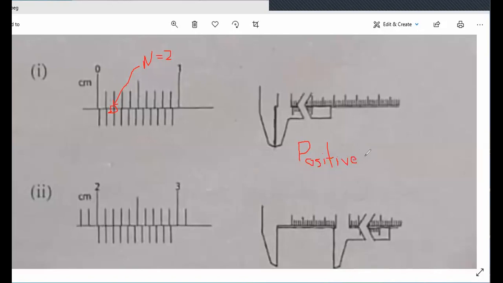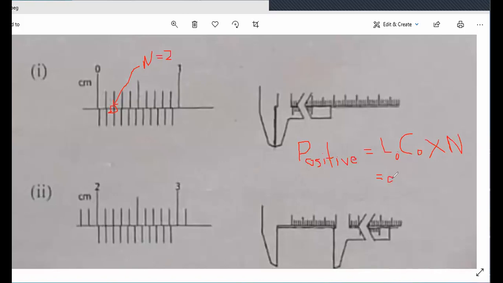How do you find the positive zero error here? Least count into coincide number. So what is the least count of this instrument? 0.1 millimeter.